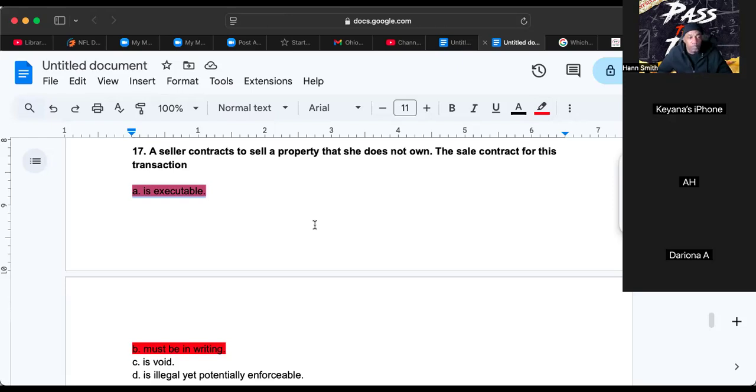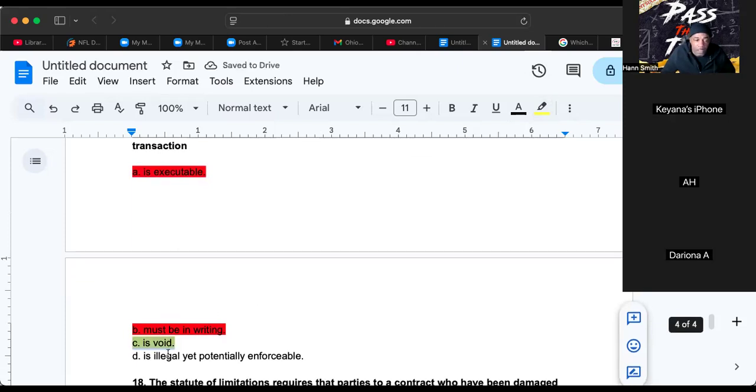So would it be void? I'm going to highlight that as the answer. I want to talk to you all about this one, though, because the answer is giving you hints. It is illegal yet potentially enforceable.